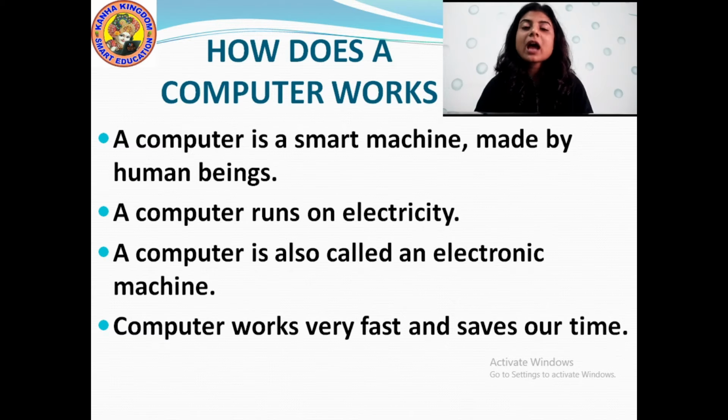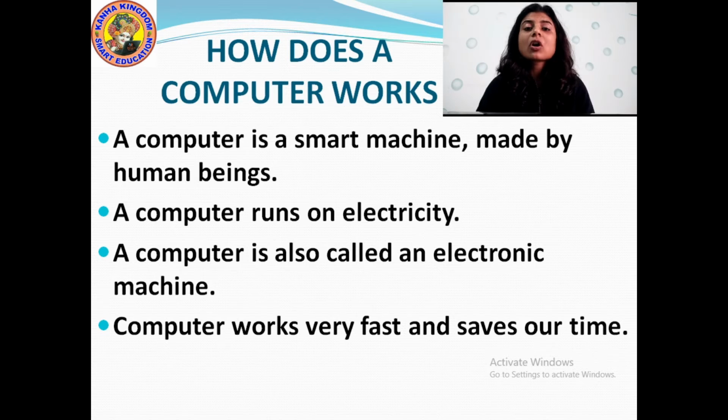I will repeat again. How does a computer work? A computer is a smart machine which is made by human beings, okay? And a computer runs on electricity. It needs electricity. If there is no light, if there is no current, the computer cannot work. Since it works on electricity, it is also called an electronic machine.